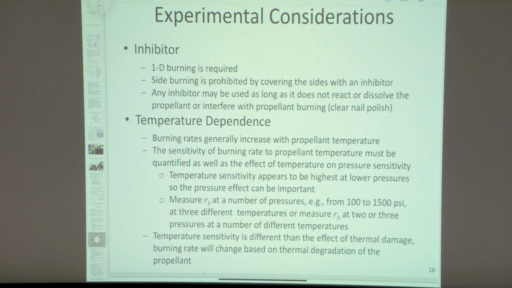You need to do this by measuring the burning rate at a number of pressures, say from 100 to 1500 psi at different initial temperatures, or measure the burning rate at 2 or 3 pressures at a number of different temperatures. So all of a sudden, the idea of measuring a single pressure and burning rate at that pressure becomes a matrix of measurements. So actually quantifying a new formulation takes quite a bit of time in measuring something as simple as a burning rate.